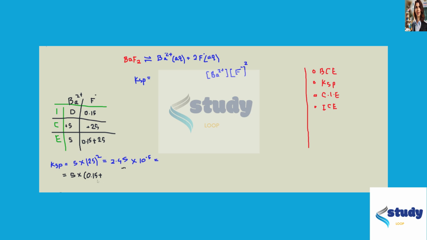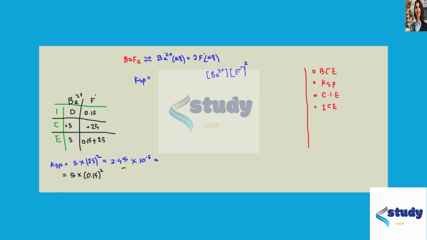Okay, I forgot a square here, so there should be a square, and there should not be any plus. Let me write it again. So here is my bracket and here is my square.